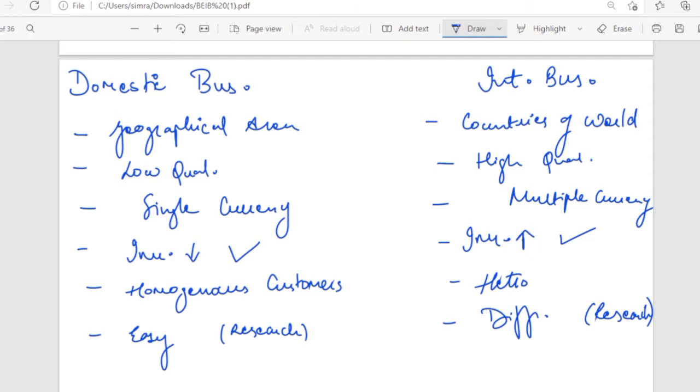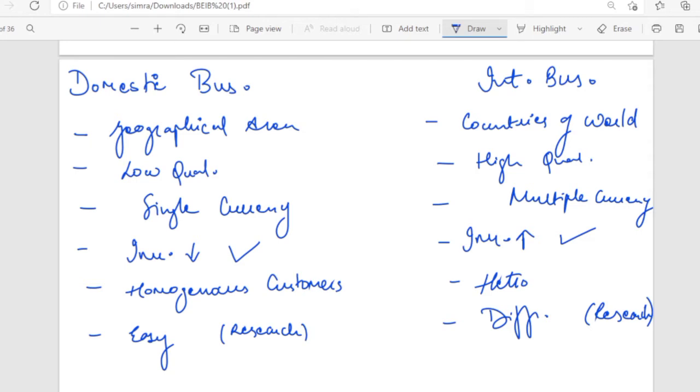Whereas if you sell it in international business, you will be getting various types of people who might be willing to purchase it, who might not be willing to purchase it. So in domestic business, the customers will always be homogeneous, and in international business, customers will be heterogeneous.